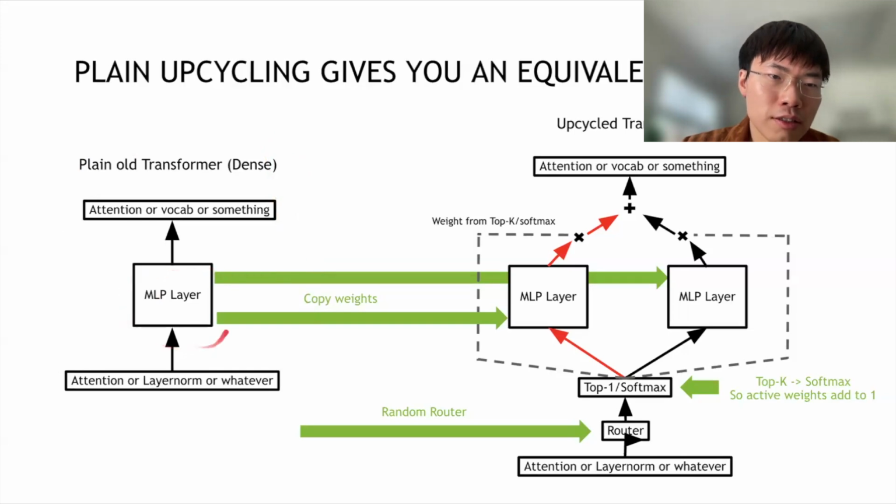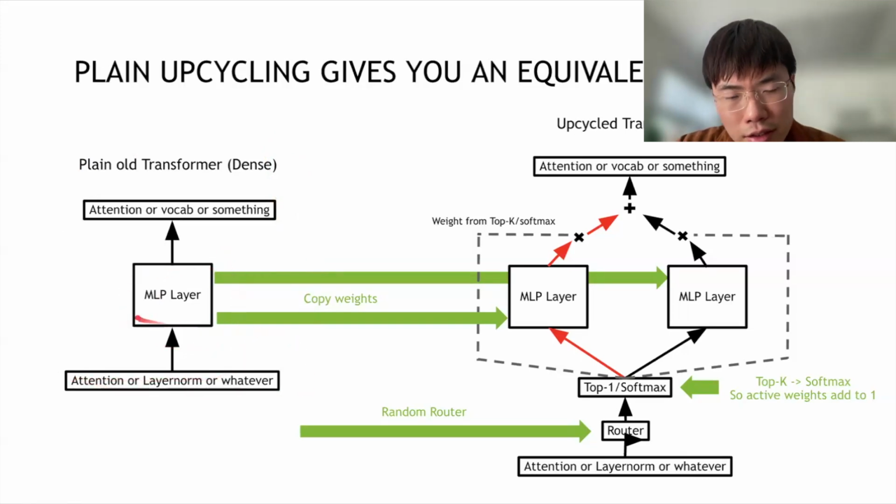We only show the dense layer here and omitted the attention layer. The dense MLP layer is copied into multiple copies. Here I only show two experts, with top-1 routing, and the router weights are randomly initialized. Quite simple, right?